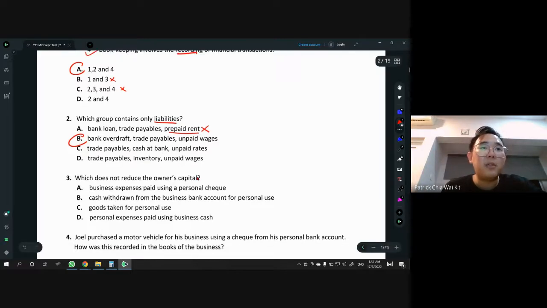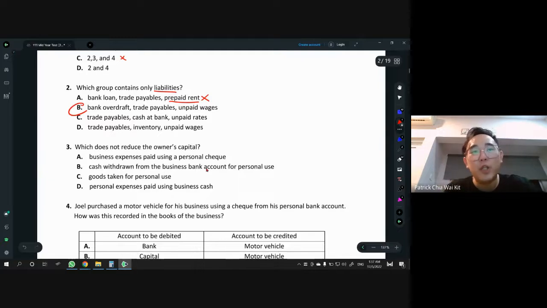Number 3, which does not reduce the owner's capital? You go through A, B, C, D and see which one will not reduce. Business expenses paid using a personal check. Will this reduce? Definitely yes, because a personal check means this is contributed by the owner.